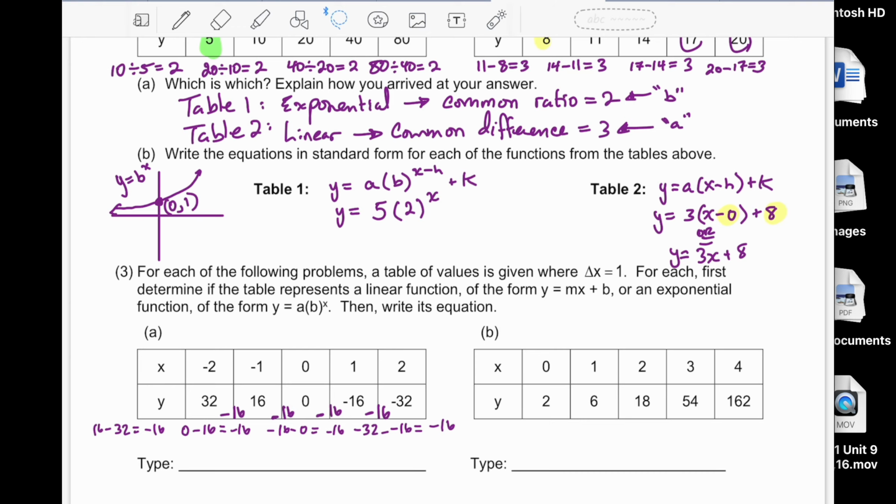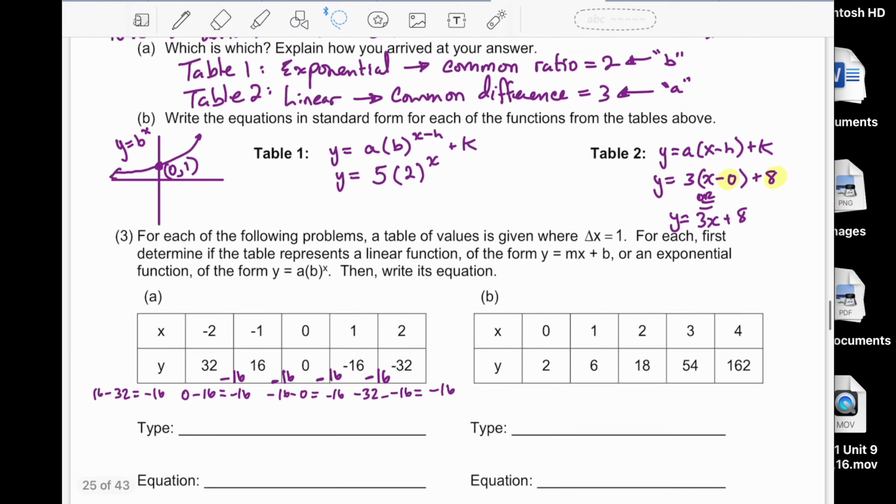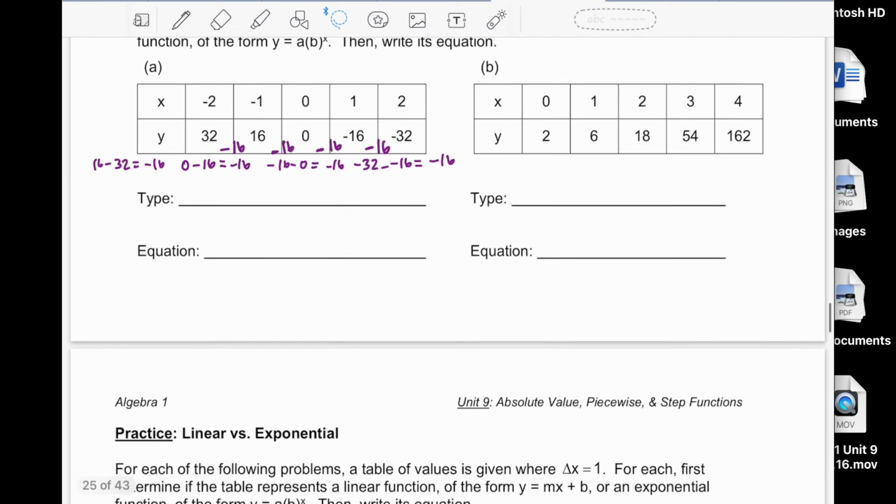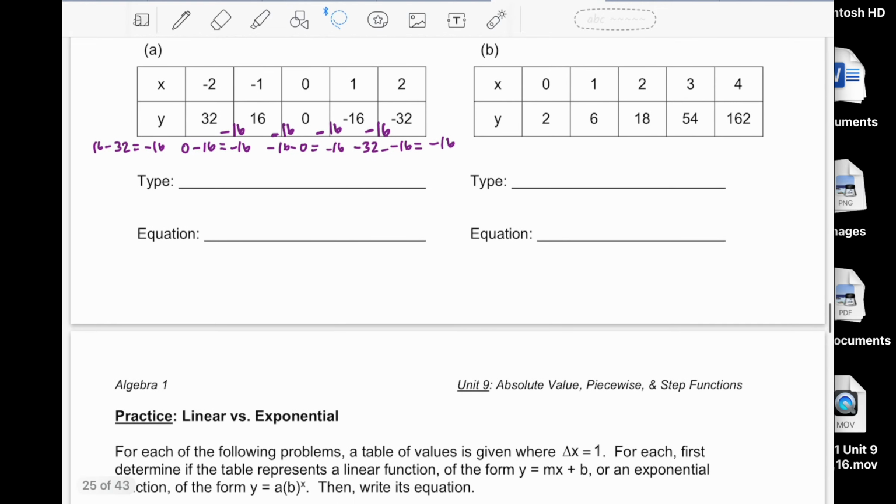All right. But once you identify that there is a common difference, then we say it's a linear equation with a common difference equal to negative 16.